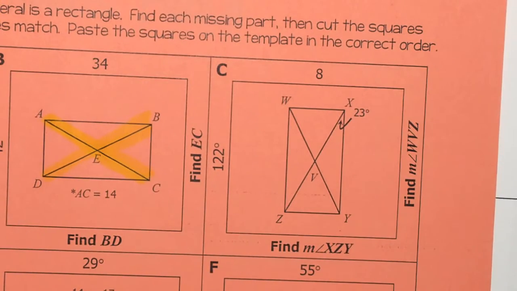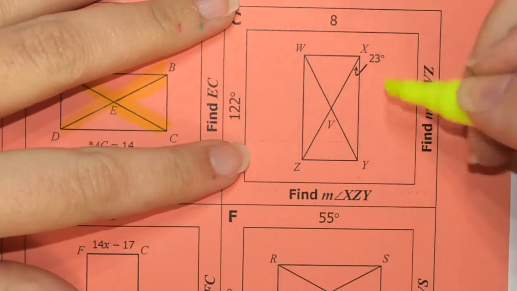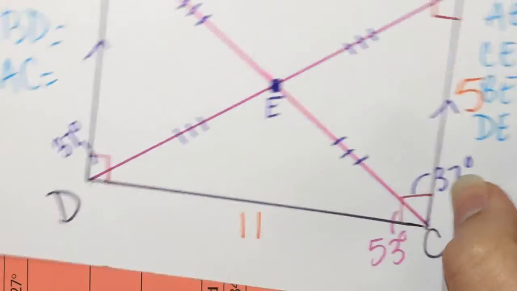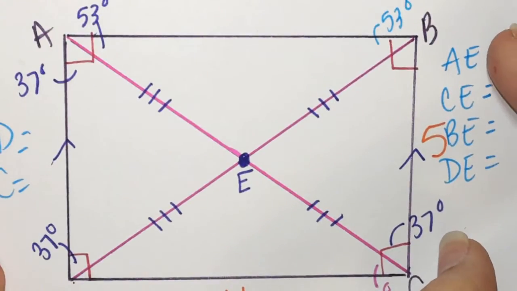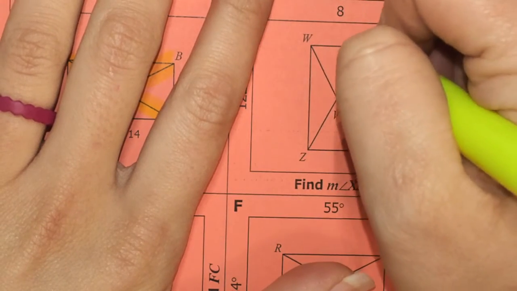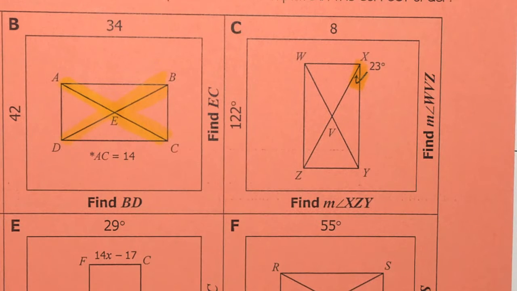1 point. Now, on this one, this is just like what we just did on here, correct? This is just like what we just did. So Taylor is going to tell me what other angle is equal to 23. No, the measure of Z is 90.